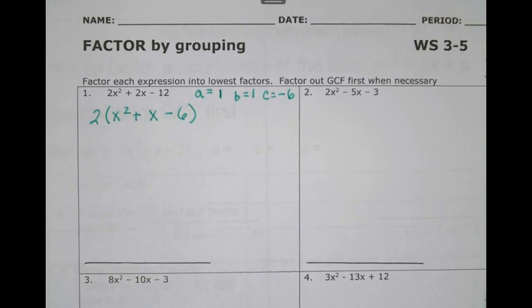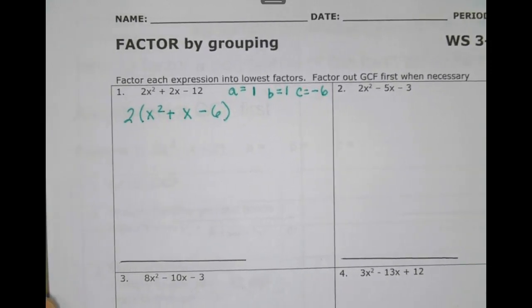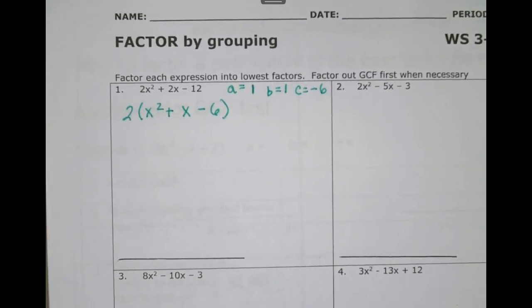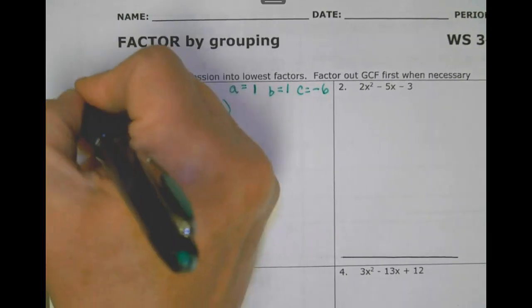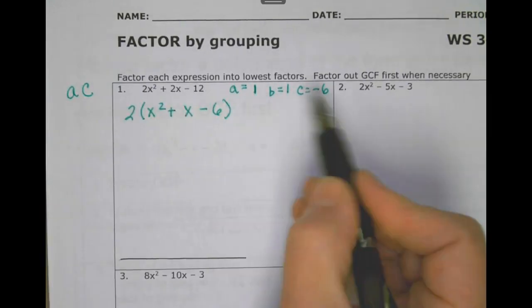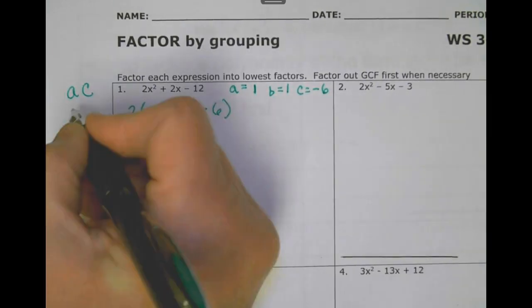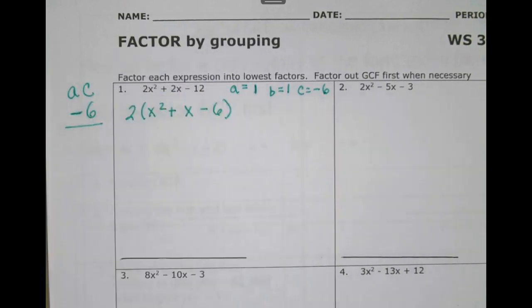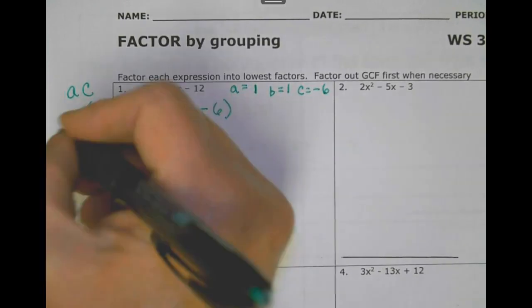Now, what I do is I use the margin right here. Your next step is to multiply the A times the C. So I am going to multiply 1 times negative 6, and I write it out here in the margin so it looks a little bit neater. What are the factors of negative 6?